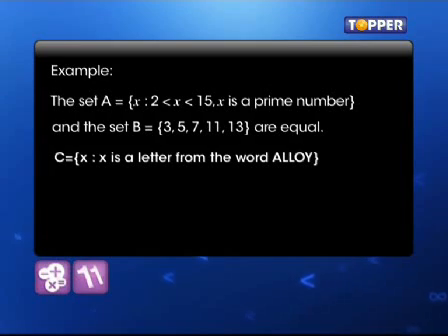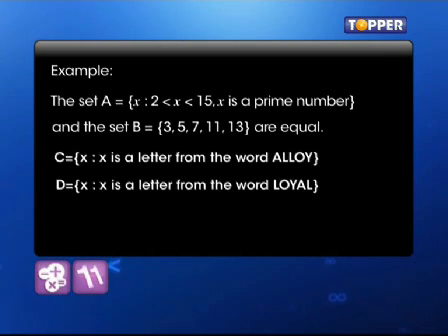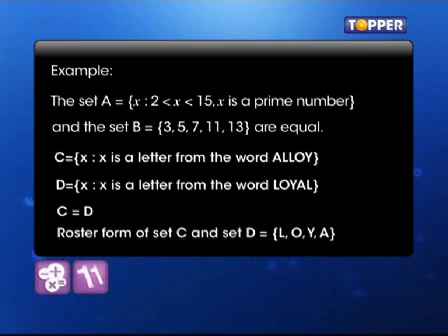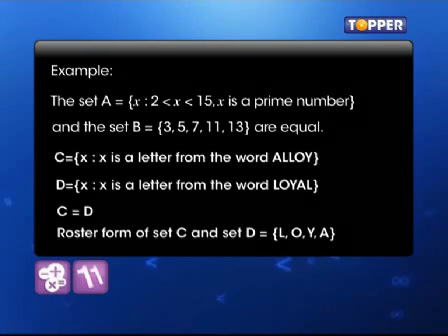The set C, equal to {x such that x is a letter of the word alloy}, and D, equal to {x such that x is a letter from the word loyal}, are both equal. We can see that both of these sets can be written in roster form as {L, O, Y, A}.